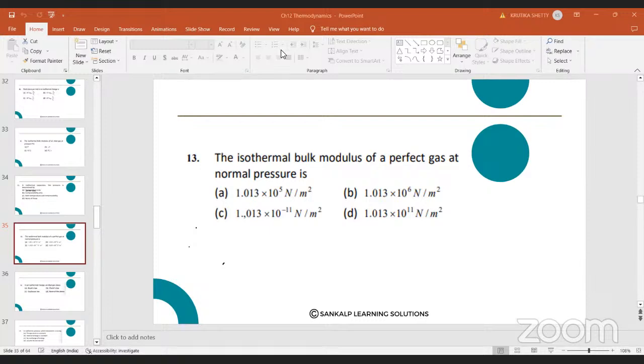So it is nothing but, at STP, the pressure value. It is A. Yes, it is A.